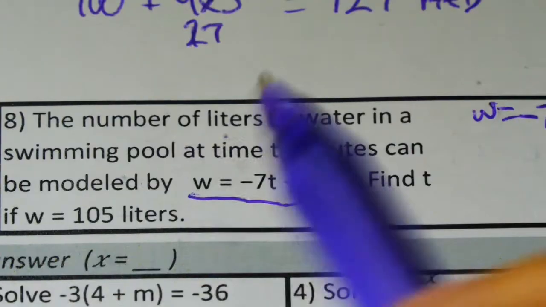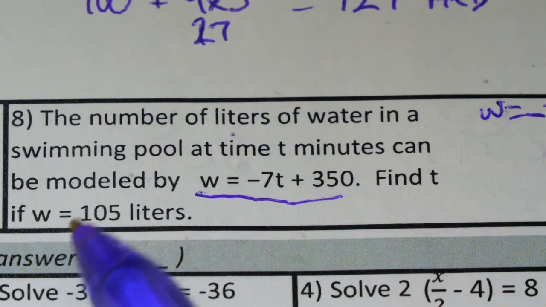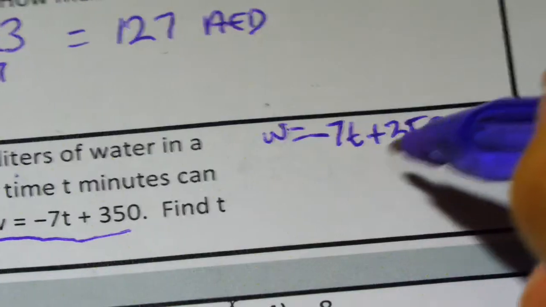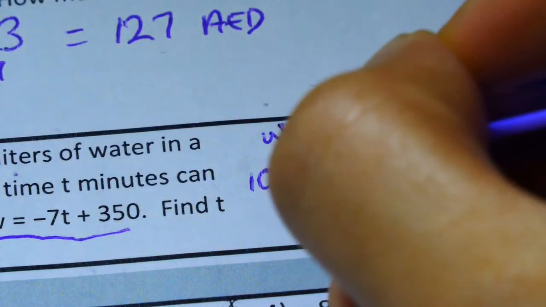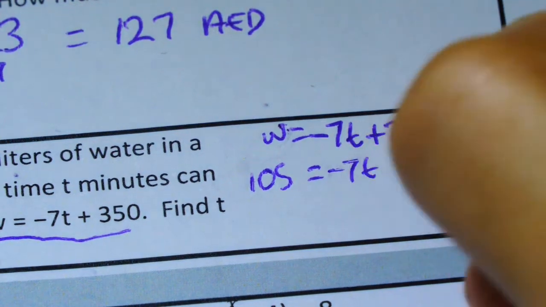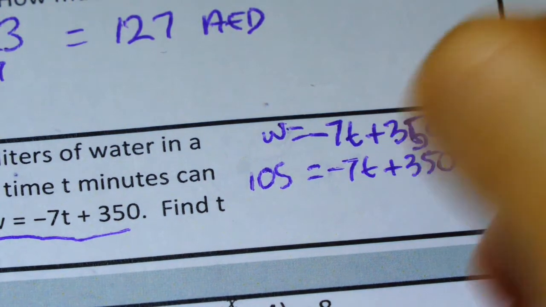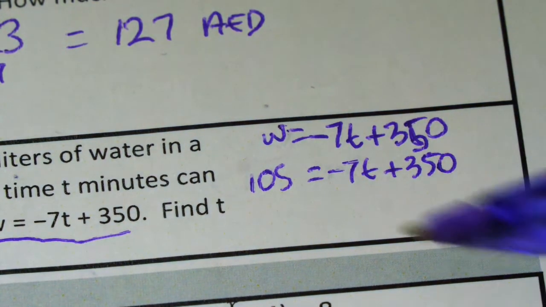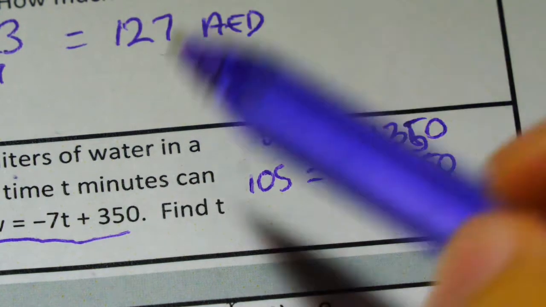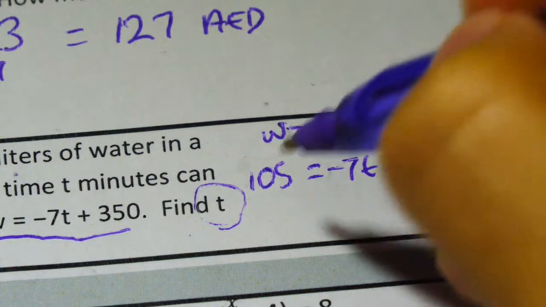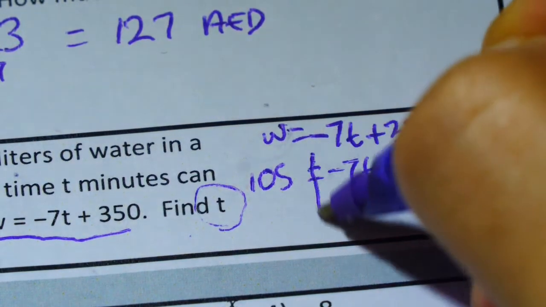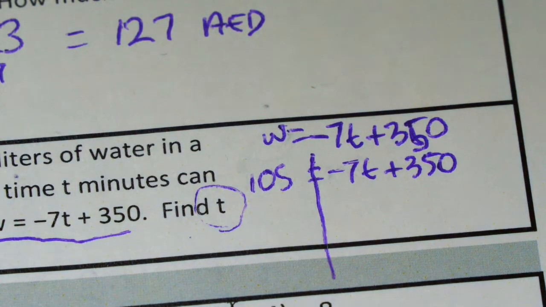Okay, now the question says W equals 105. So instead of W, I'm going to write 105 equals minus 7t plus 350. Now I'm going to solve this equation because we need to find t. Okay, so solving this equation, same as before, put a line on the equals.